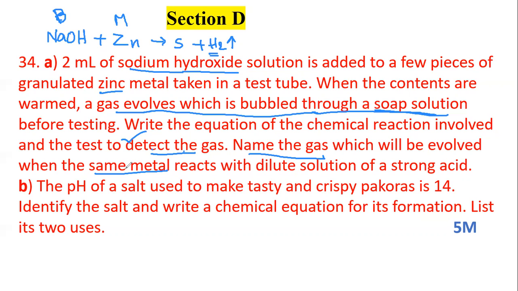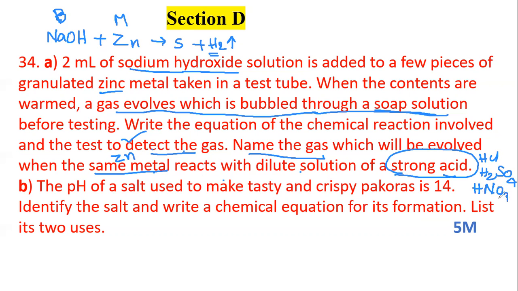After that, the same metal reacts with a dilute solution of a strong acid. What is the same metal? Of course, zinc is going to react with the dilute solution of a strong acid. What would be the strong acid? Either HCl, H2SO4, or HNO3.